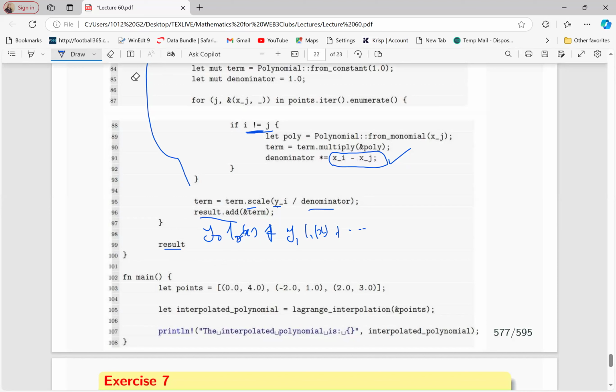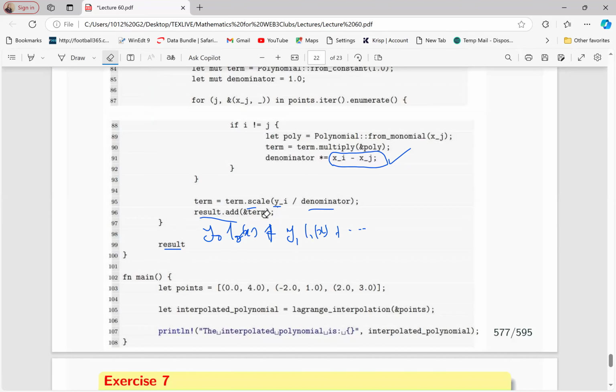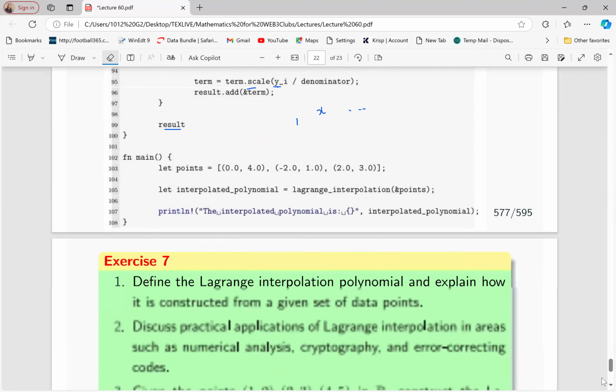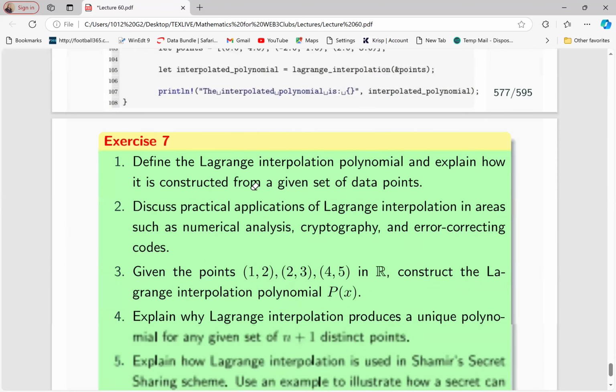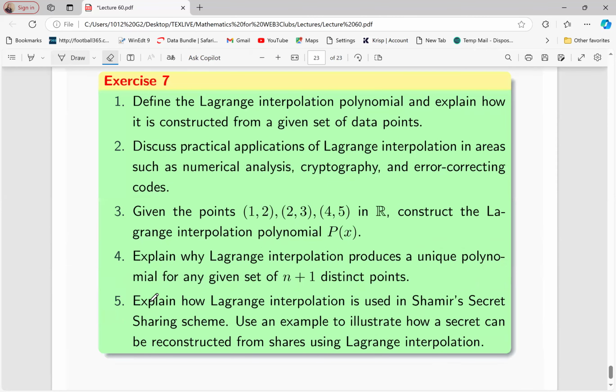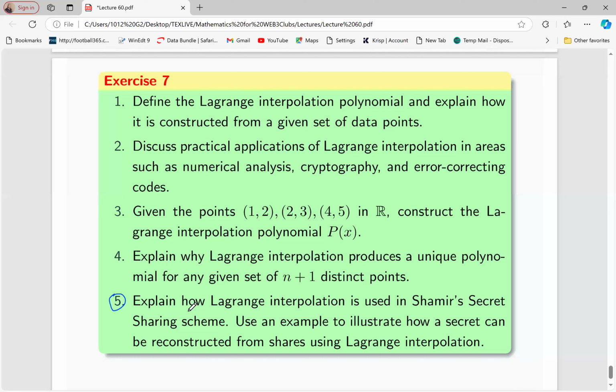Let me share this before the network again misbehaves, before we see the code. And just before that, there's this exercise. I said you look at it. I'm interested to see how you will answer question 5, which says, explain how Lagrange interpolation is used in Shamir's secret sharing scheme.